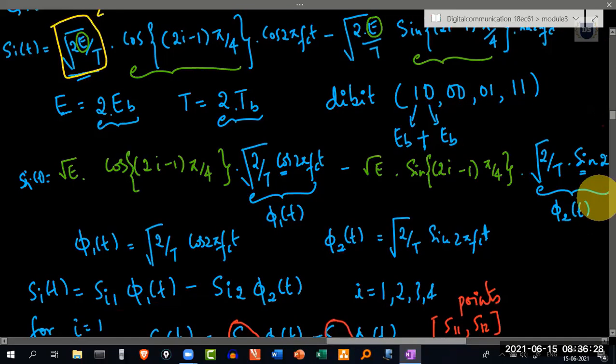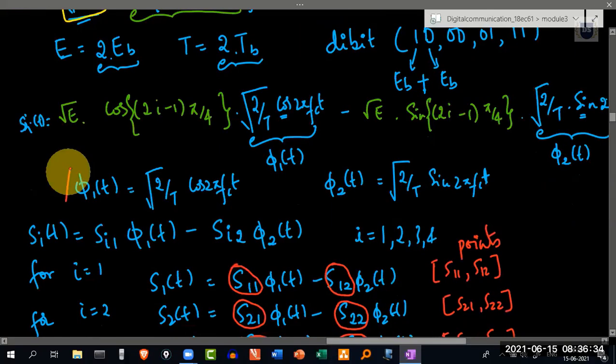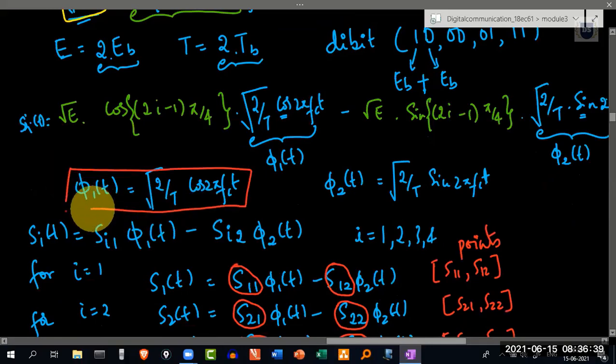And well, in our previous class, we had gone through a detailed procedure of how to extract basis function phi1 of t and basis function phi2 of t.